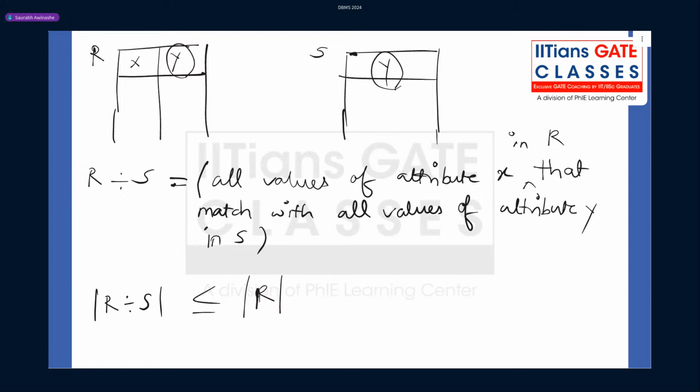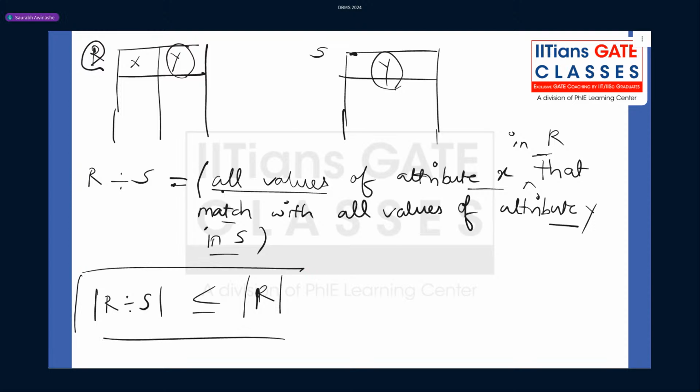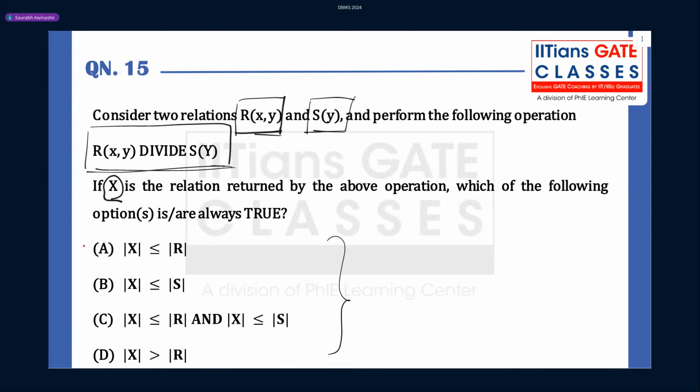Because based on the definition, all the values of attribute X in R that match with all the values of attribute Y in S. So definitely it is going to be a subset of the relation R. So this statement is for sure. So based on that, we can say option A is right. And this is, I think, a multiple select question. So we have multiple options too. So we'll have to check if the other statements hold.